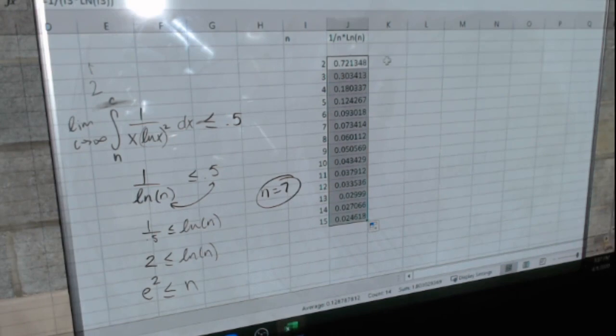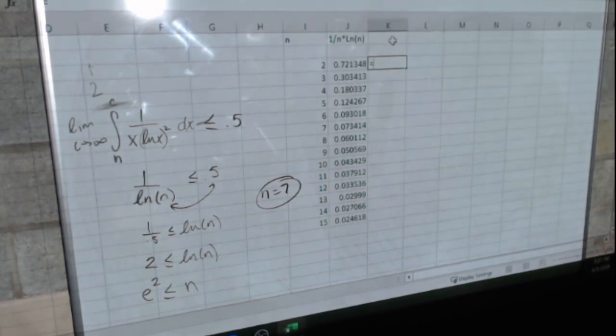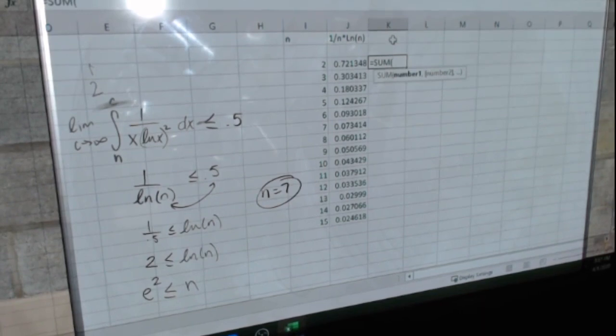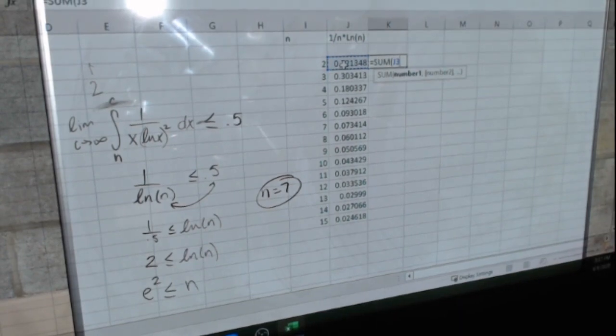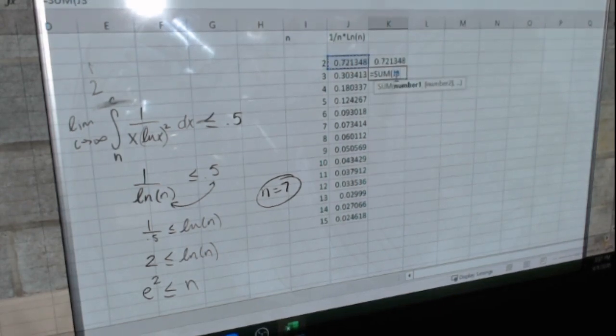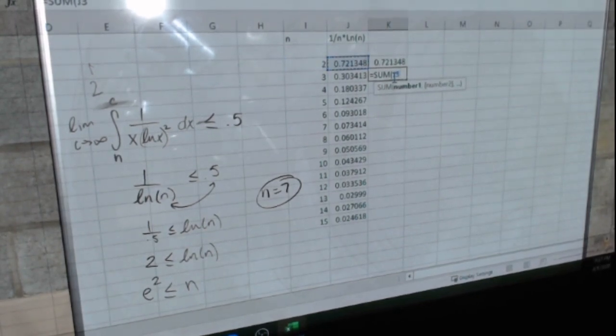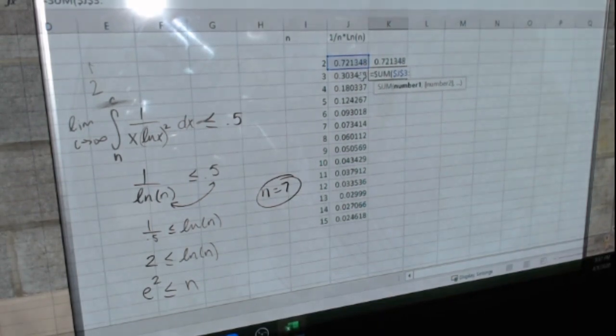But it looks like, alright, so now we need the sum over here. So equals the sum. This one will just be of this term. Then we need the sum of this one, but this time I need to put the dollar signs in. So 1 before the letter, 1 after. Then we need a colon to the point that we want to get to, which is this one.